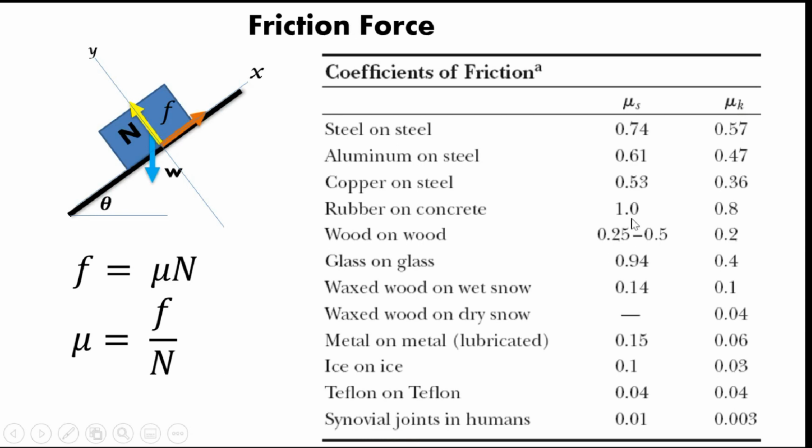Other than that, as you can observe, there are two sets of coefficients of friction. We have here mu s, the coefficient of static friction, and mu k, the coefficient of kinetic friction. As you can observe, mu s is always greater than mu k.